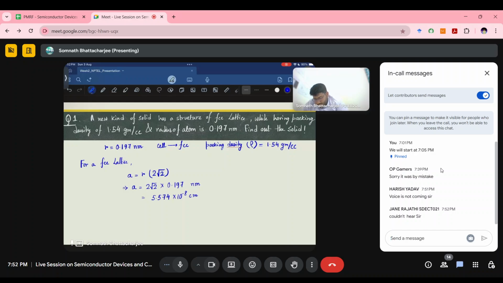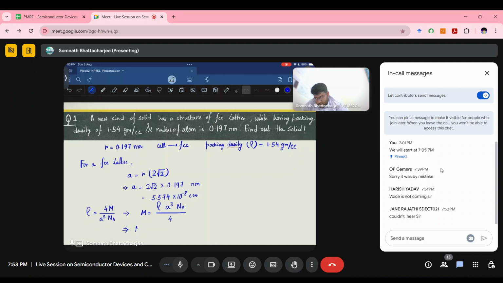From that we can get the value of rho, that is 4m by a cube multiplied by the Avogadro's number, and from that the m value would be rho a cube Na divided by 4.